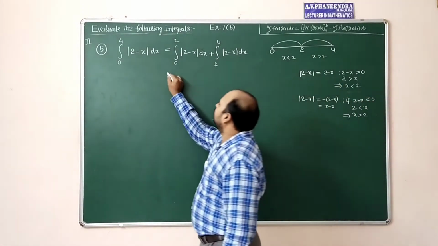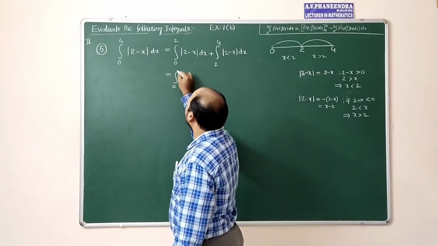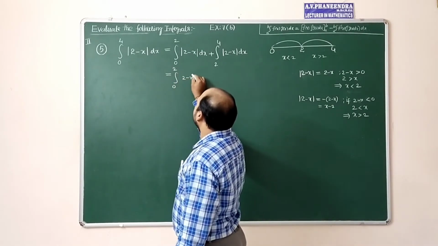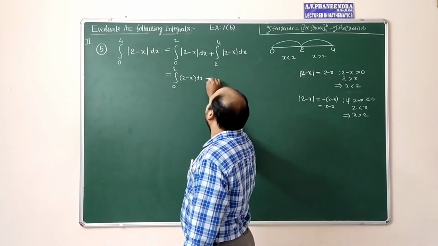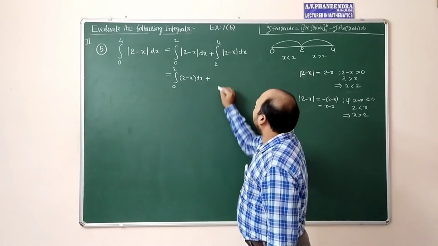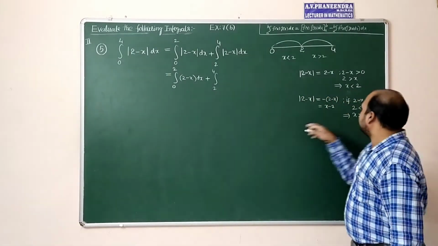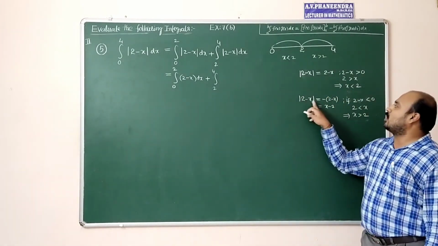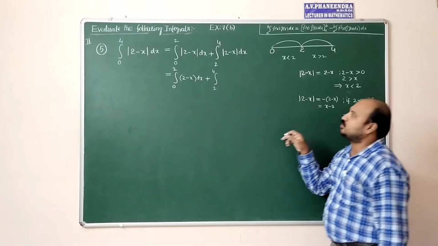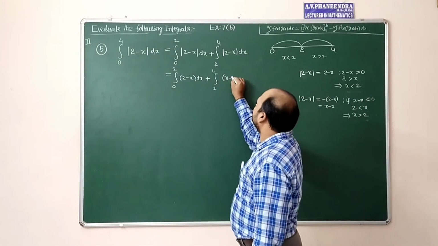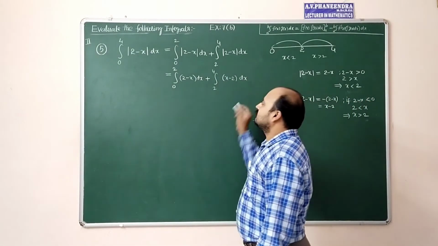So integral 0 to 2 of 2 minus x dx plus integral 2 to 4, where x is greater than 2, so mod 2 minus x is x minus 2, of x minus 2 dx.